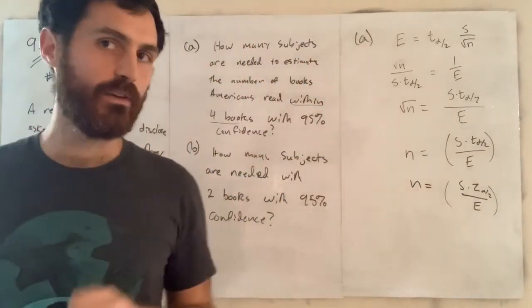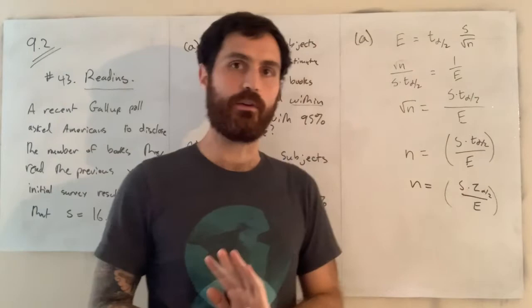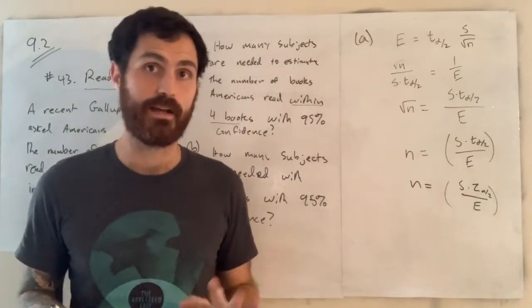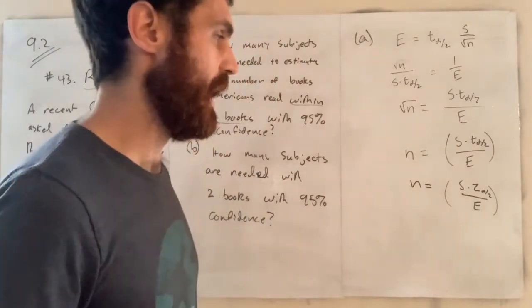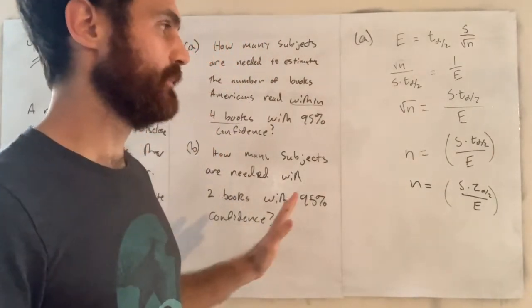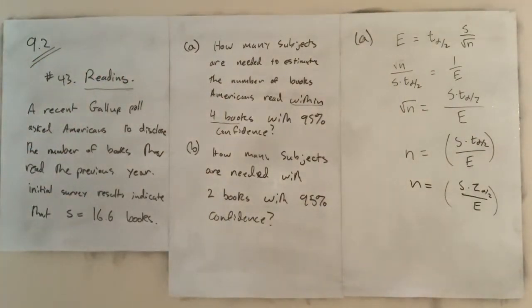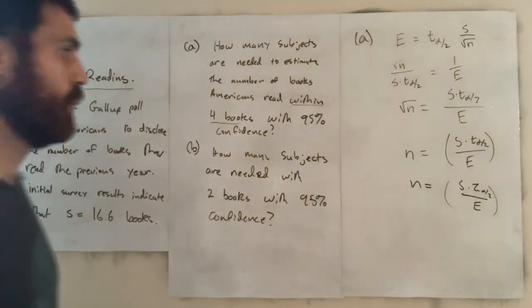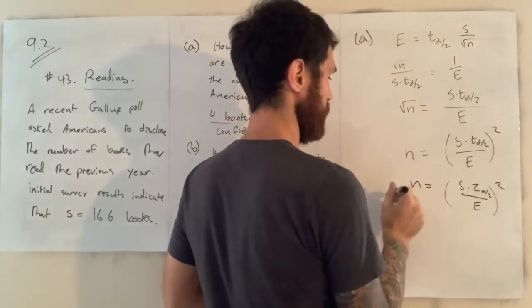And that z value is fixed. Once you have a confidence, you can figure out that z value. You don't need to know your sample size. You don't need to know the degrees of freedom or anything like that. It's degree of freedomless. You don't need that. So we're going to use this, and this should be all squared.